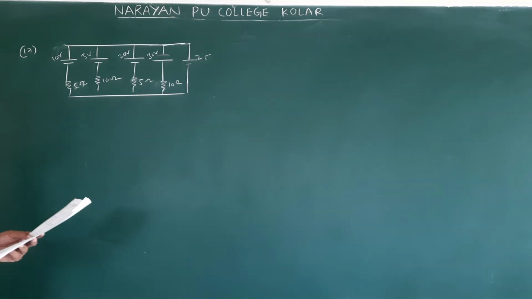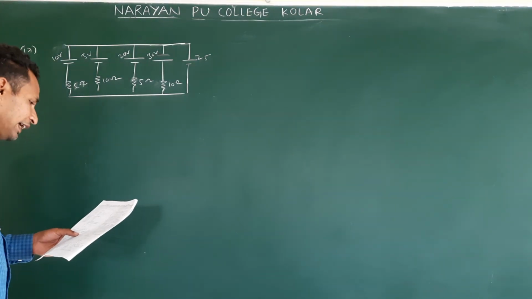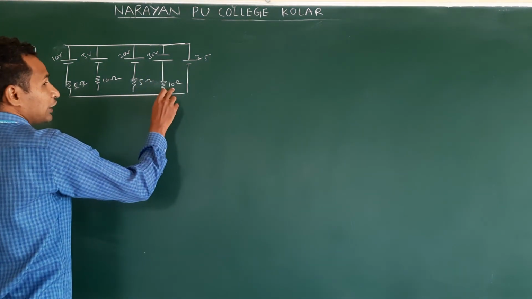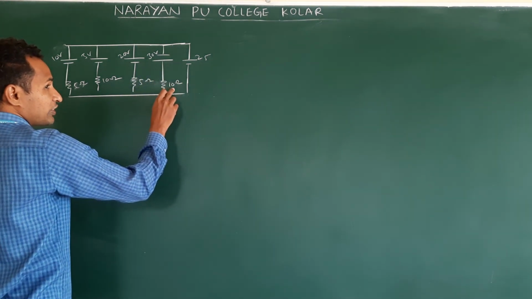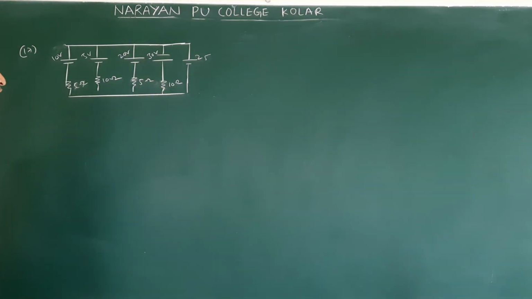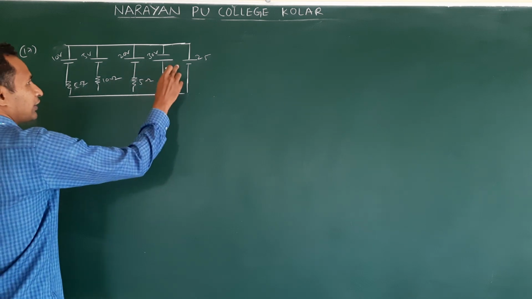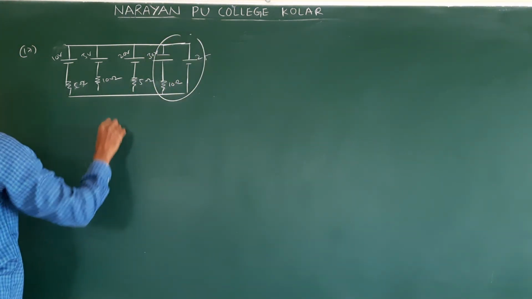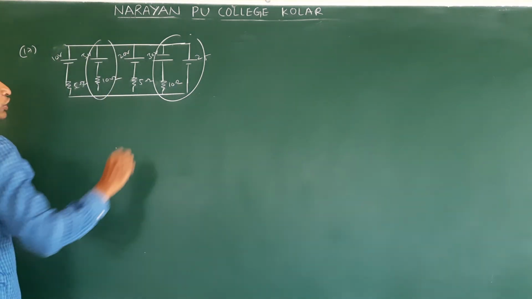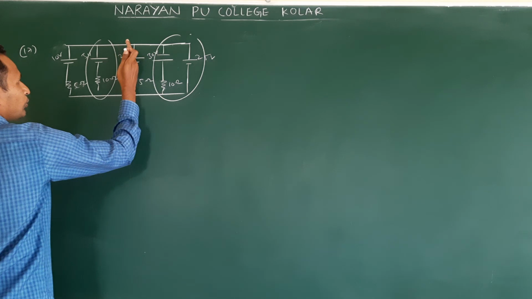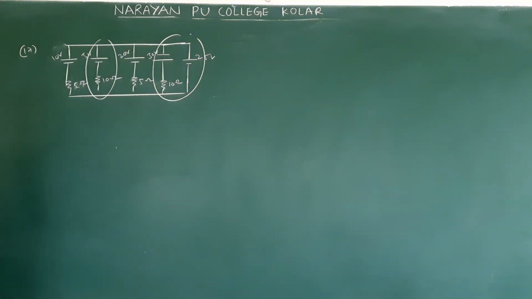Okay, 17th question. Directly giving the answer. The currents flowing through the 10 ohm resistors are 5.5 and 2 ampere. That is the correct answer. How do you find it? I am telling a very simple method. 10 ohm means we have this side too. Okay, and here we have a 10 ohm. 25 volt is in parallel combination to this, to this, to this, to this.